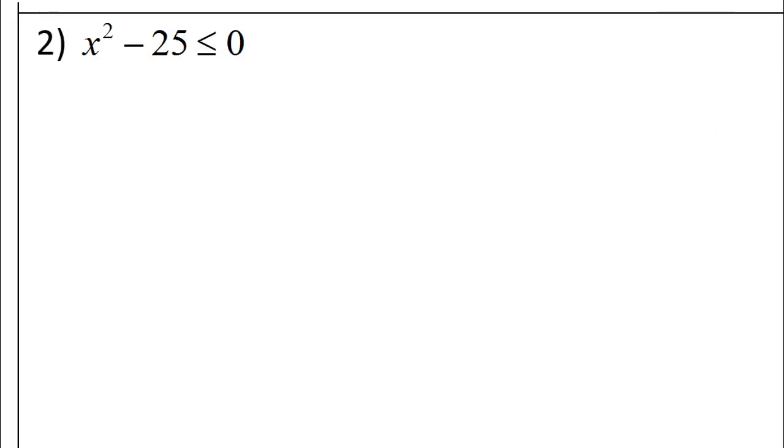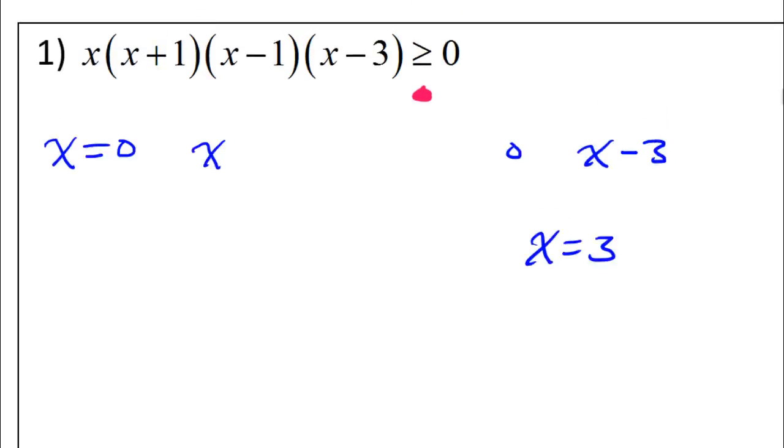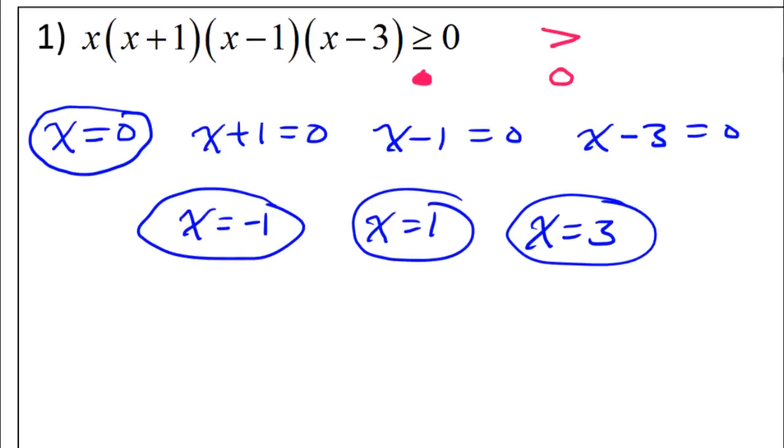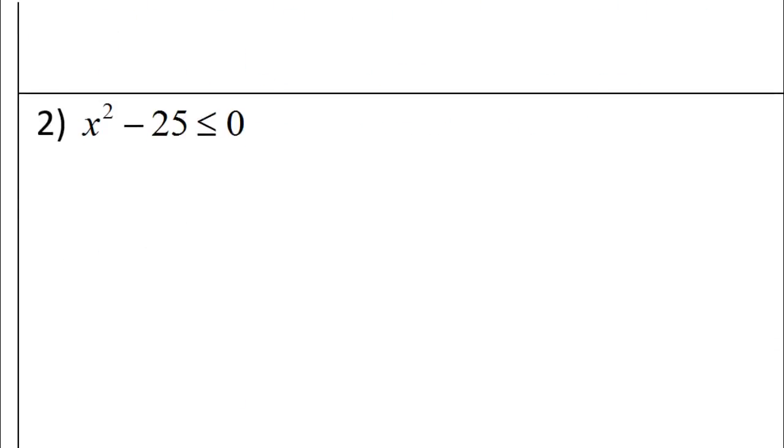In problem number 2, we will follow the same procedure, but unlike problem number 1, it's not factored for us. So we will factor the problem ourselves. So we'll find the zeros of the function by factoring. So this would factor as x plus 5 times x minus 5.